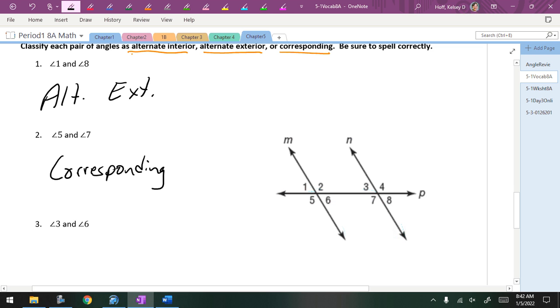All right. Don't say it out loud. I'll highlight the next one for you. 3 and 6.